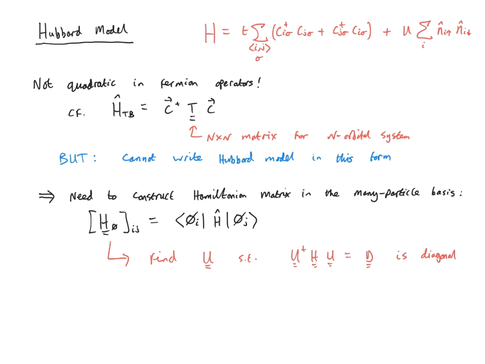To form this Hamiltonian matrix, we need to find matrix elements between all of our basis states, the phi i's. So we have a set of these phi i's. How many?